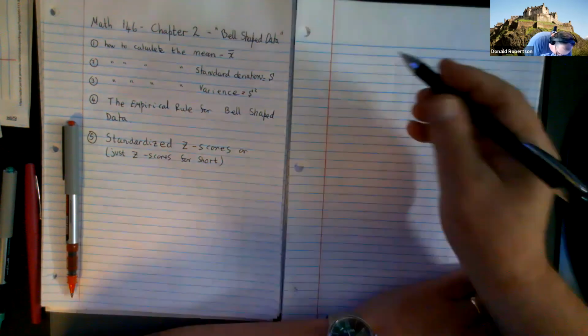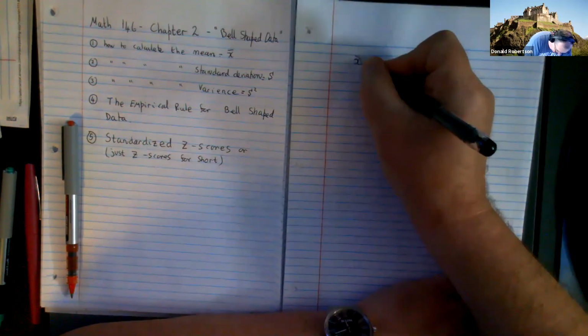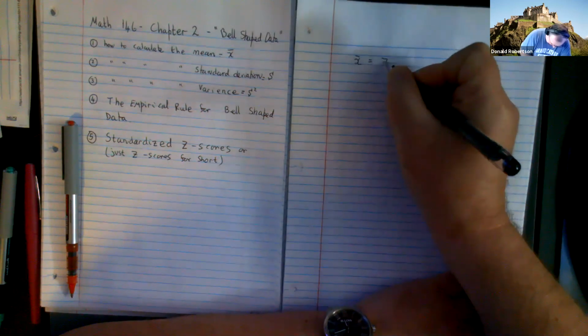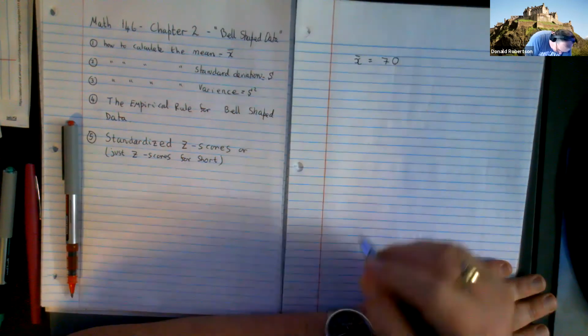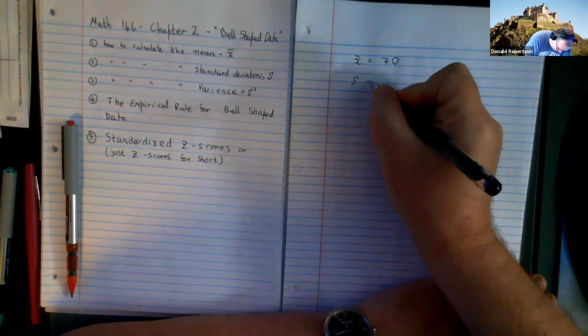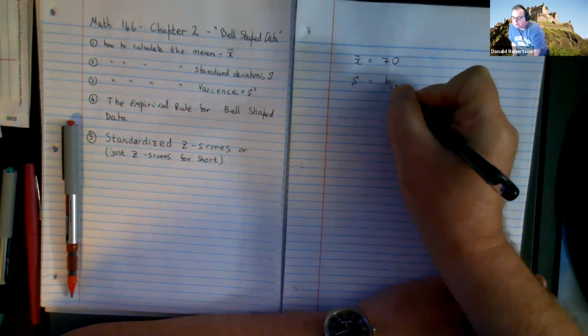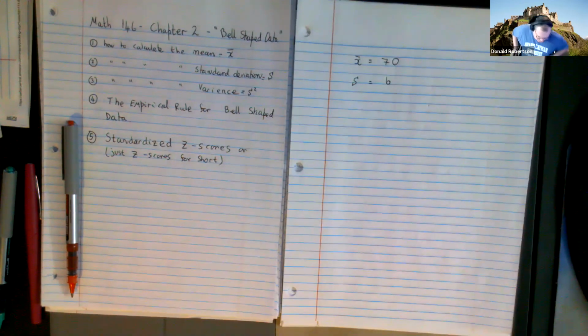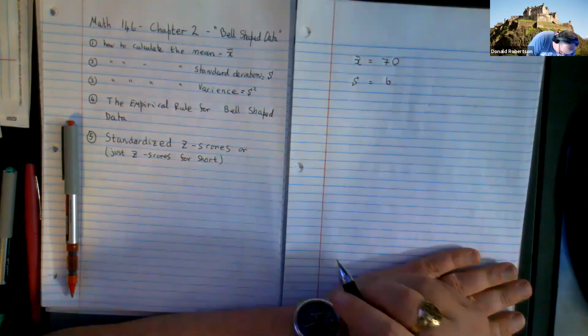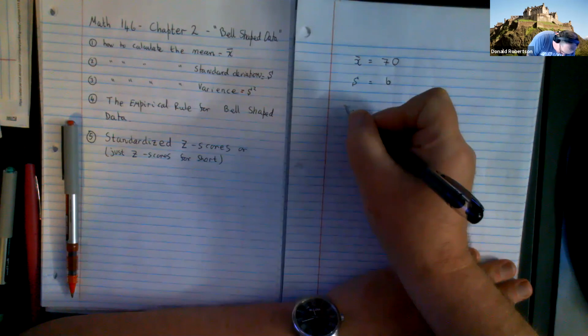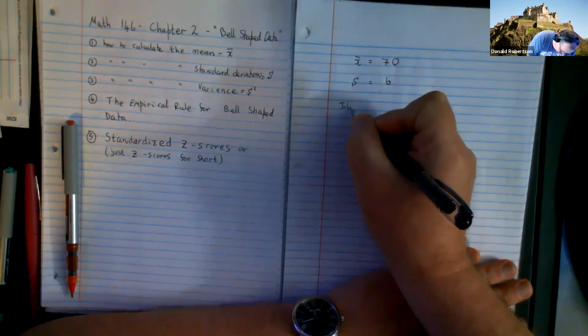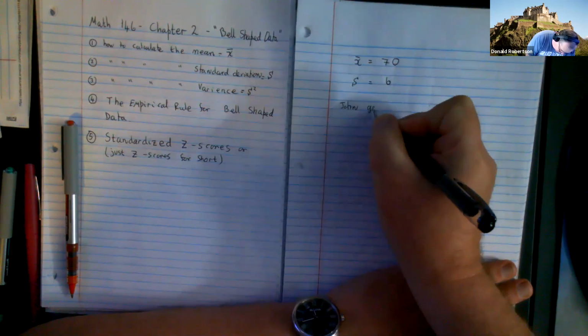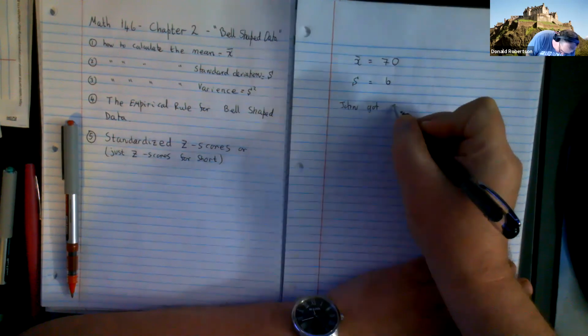Suppose I've got a class and the average was 70 and the standard deviation was 6. And I'm going to do an outlier test. John got 80.